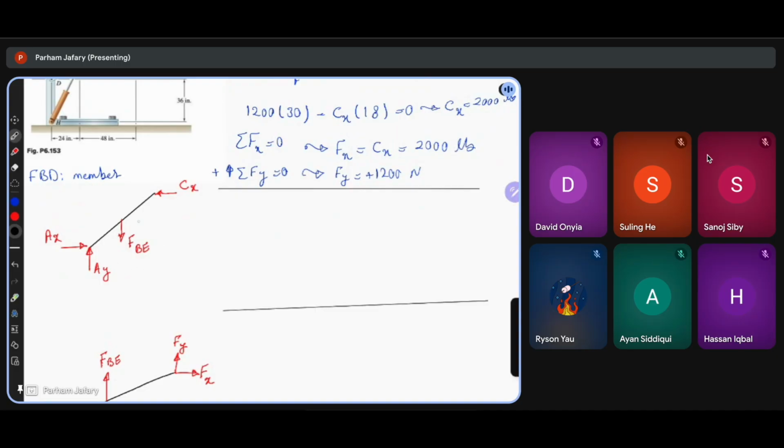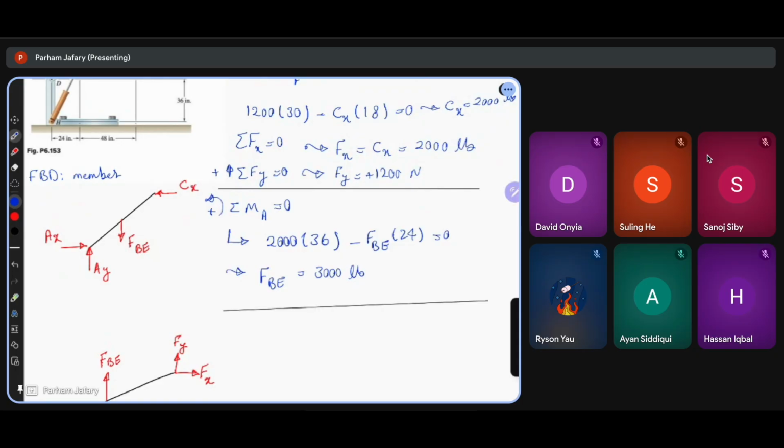So I know Cx, I can solve for FBE if I take the moment around A. Okay, so I've solved part A, the force in link BE, we have it now.